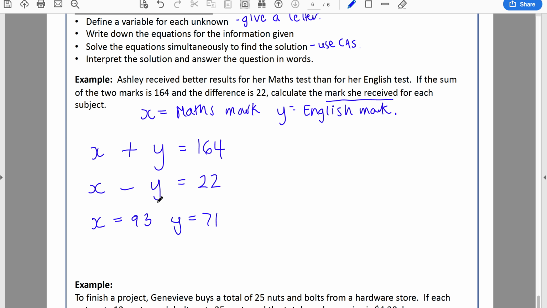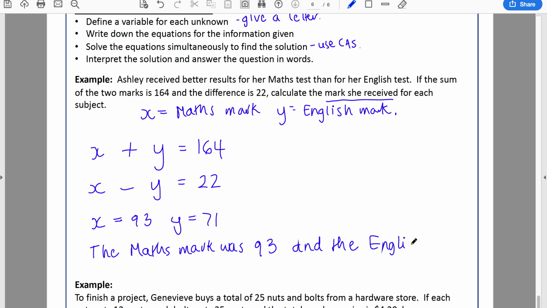We can see the difference is 22, and when you add them up you get 164, so it works. So now we're just answering in words. The maths mark is 93, and the English mark is 71.